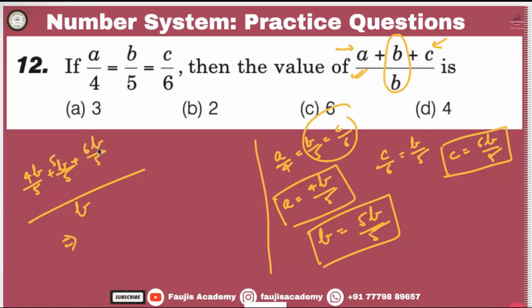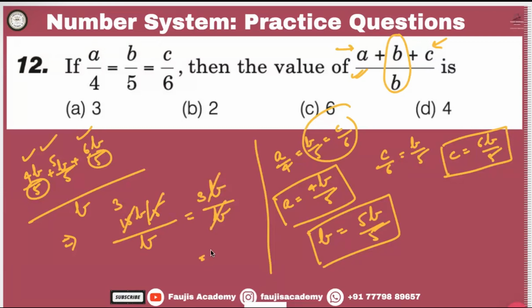Because we have this denominator as 5 to make our calculations easy. So now it is 6 plus 4 plus 5, 15b by 5 divided by b. This 5 gets cancelled by 3. That means 3b by b, and b gets cancelled, which is equal to your 3, right?